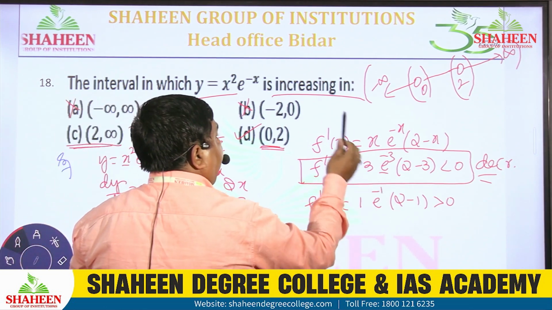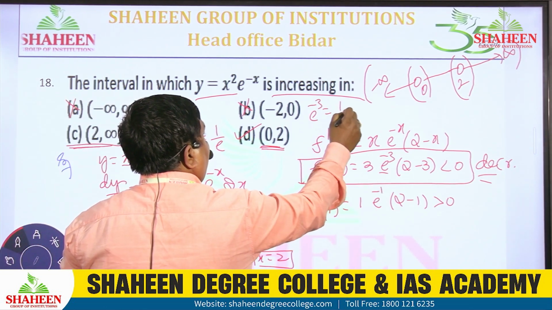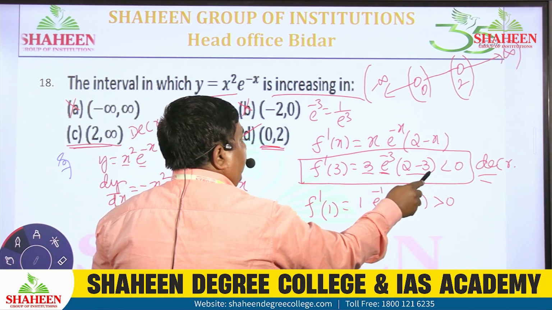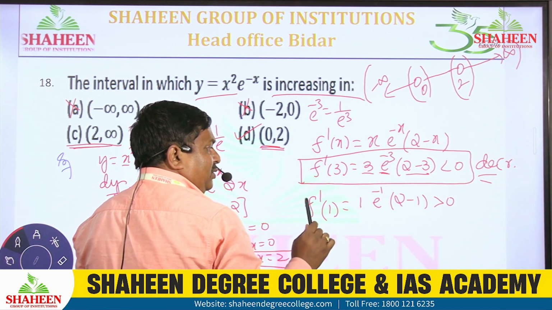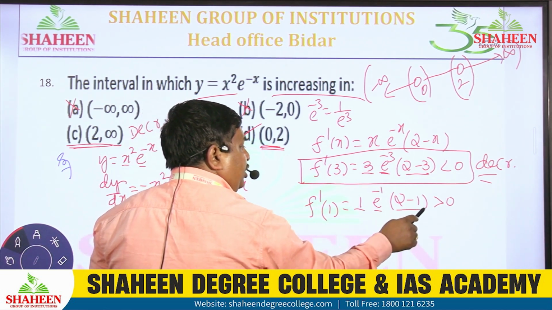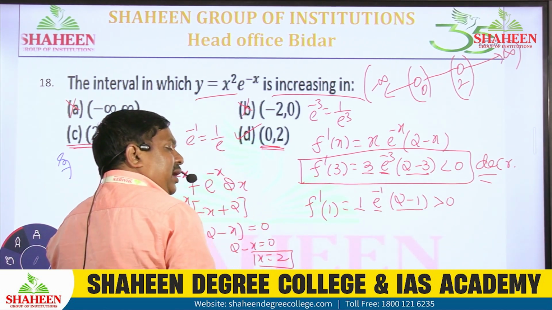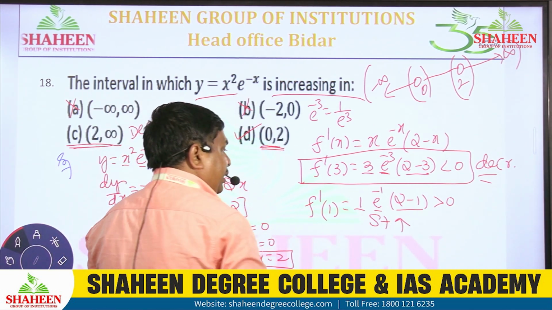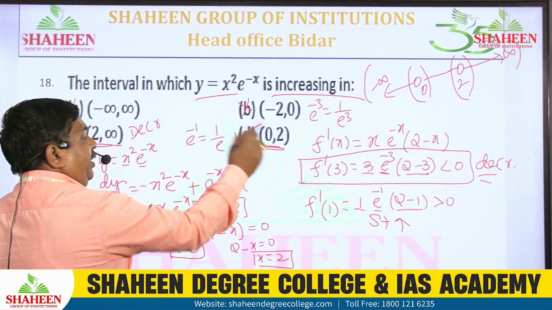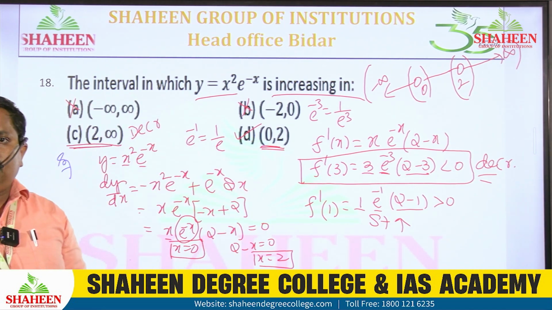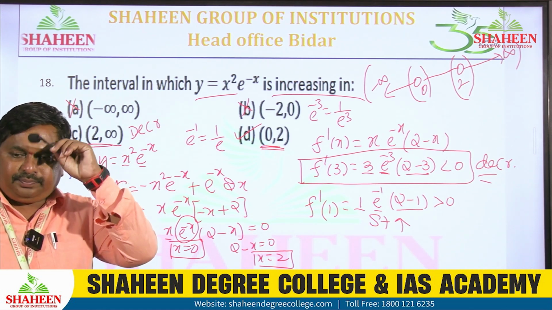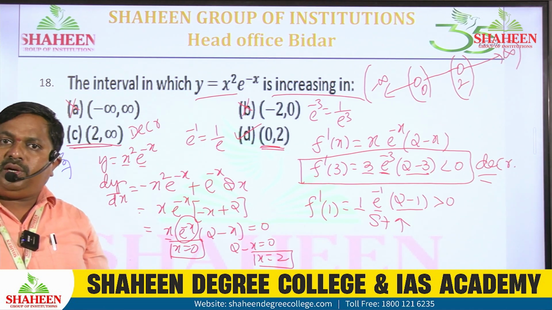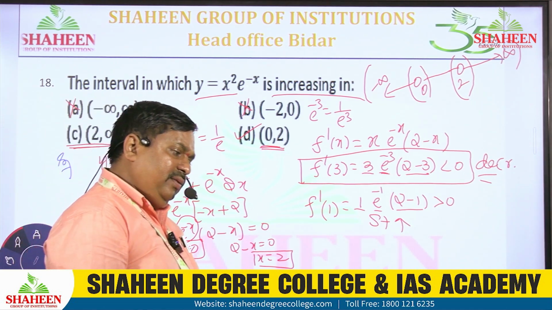Here also e power minus 3 is 1 by e cube, always positive. Positive times negative is negative, a decreasing function. If it is positive, then it is an increasing function. So this is strictly increasing in 0 to 2. In this way, we identify which option is correct for the increasing function.